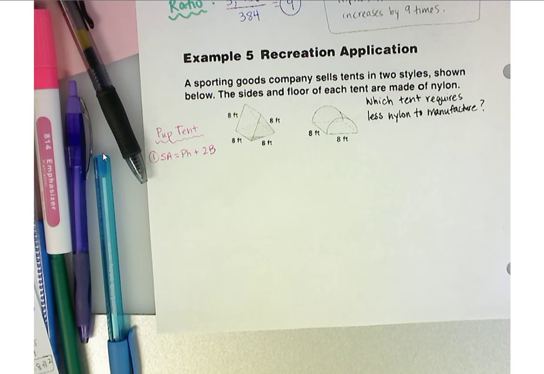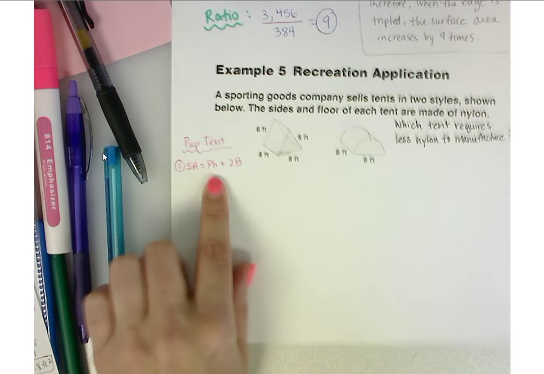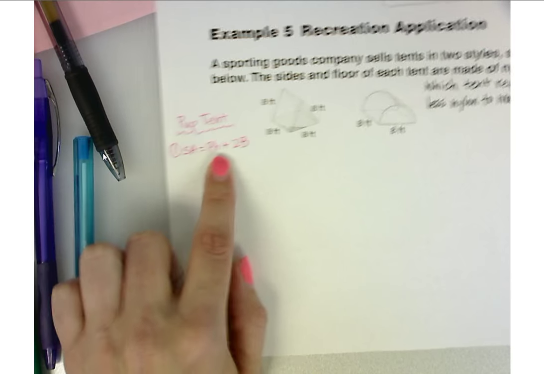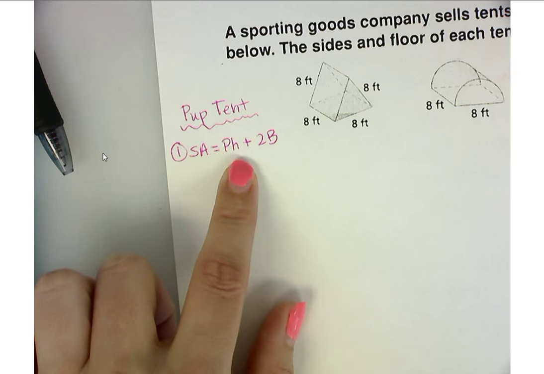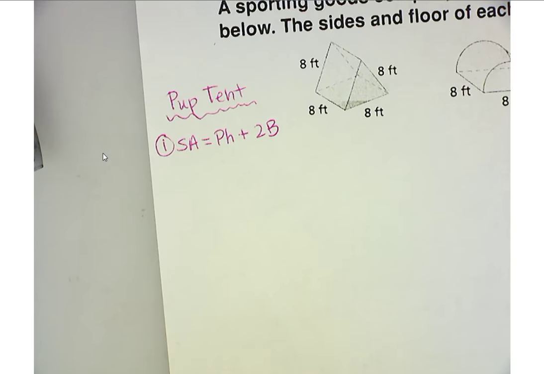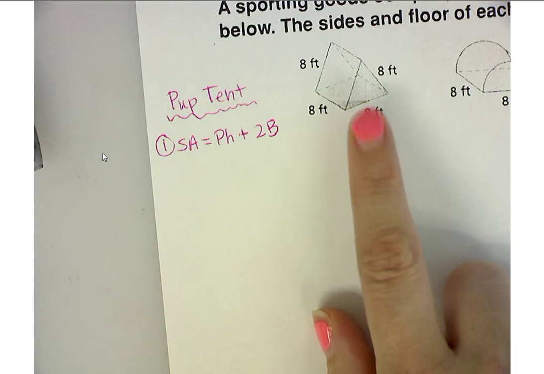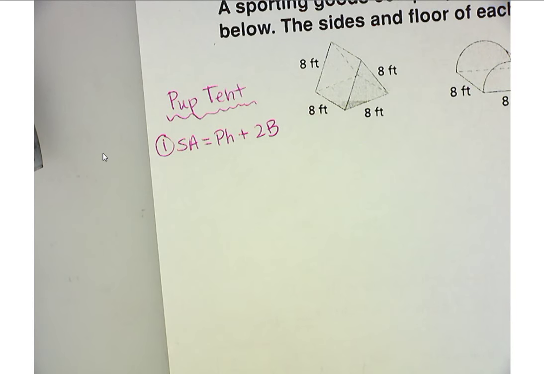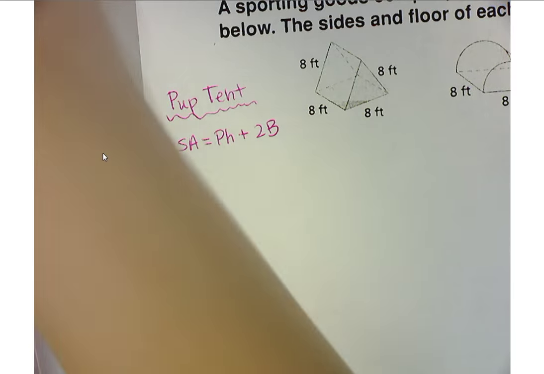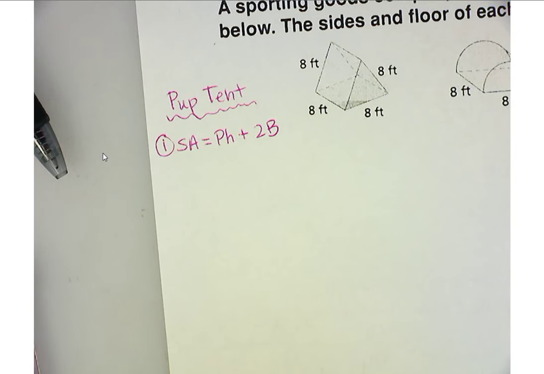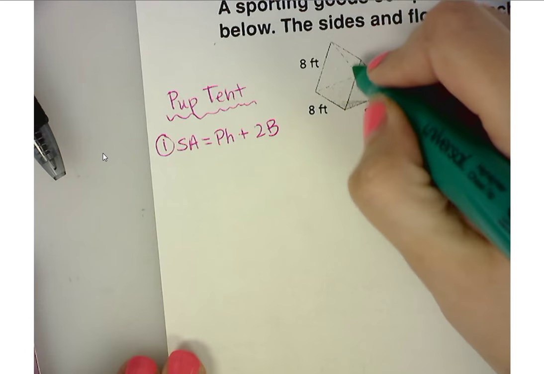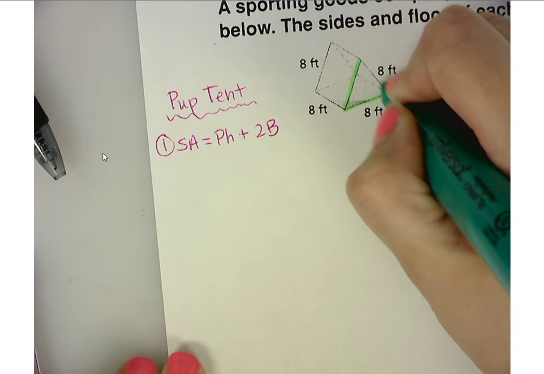Right, so the surface area is still going to be the perimeter times the height plus 2 times the base. Okay, and then so I'm going to draw what the base is for this tent. Right, so we know that the base is going to be this triangle here.